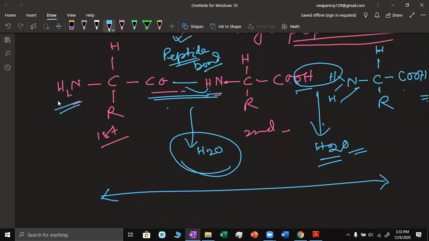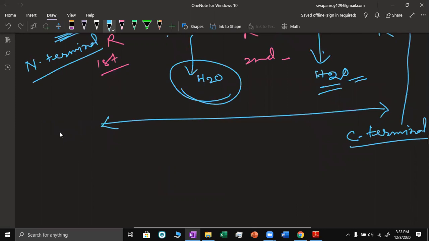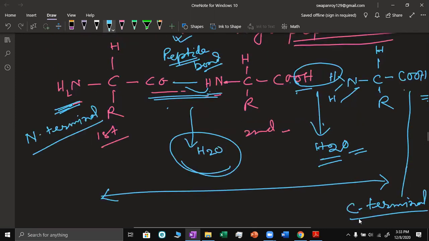On the left, this is known as the N terminal, and the one on the right is the C terminal. Every polypeptide chain has an N terminal and a C terminal.